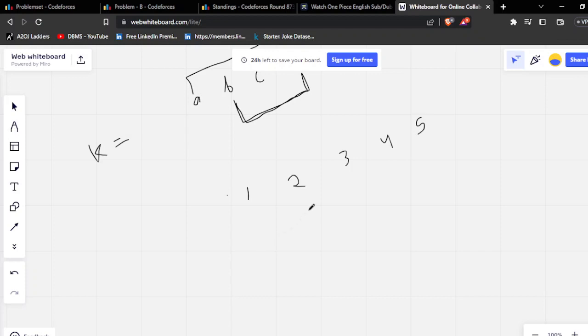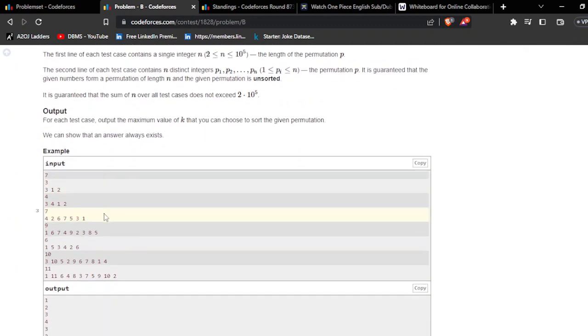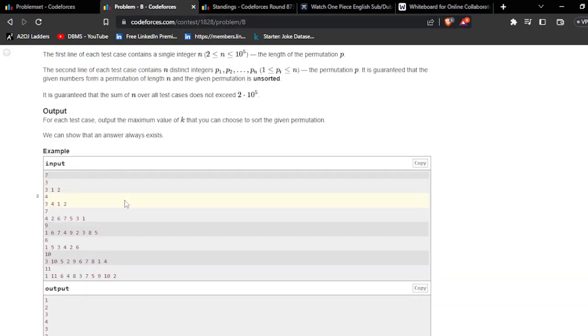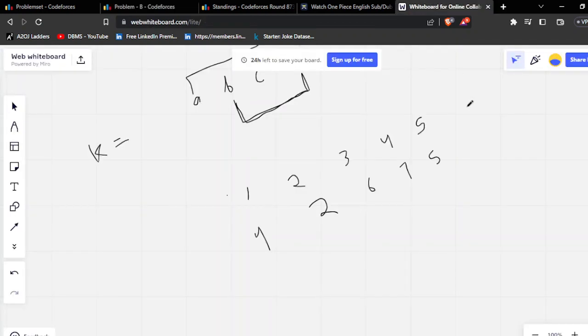The elements in these indexes, let me take some test case, are 7 4 2 6 7 5 3 1 3 1. So these are some numbers.